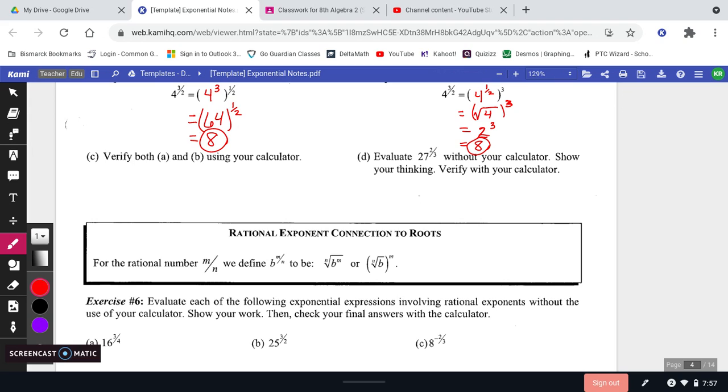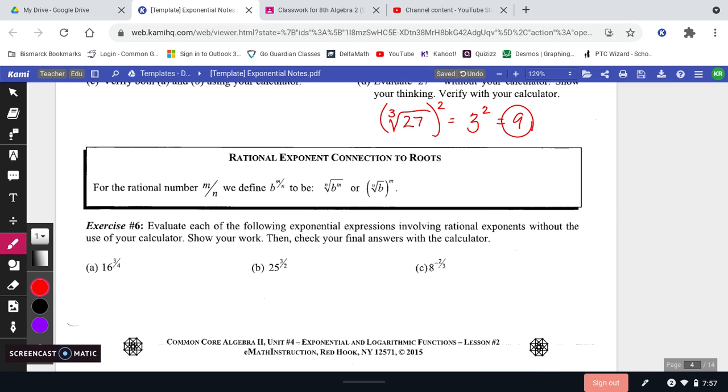We can use one of the methods that we did above, or we could combine those. Another way you can think about 27 to the 2/3 power would be the cube root of 27 and then square it. Well, the cube root of 27 is 3, squared, and you'll get 9.